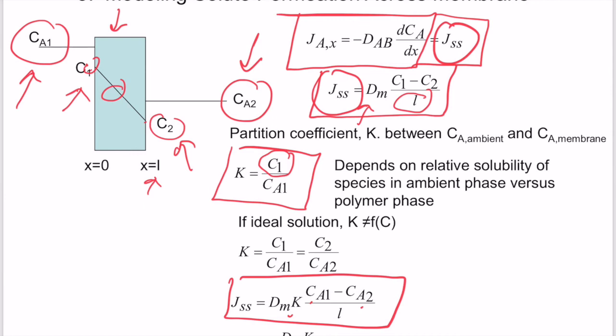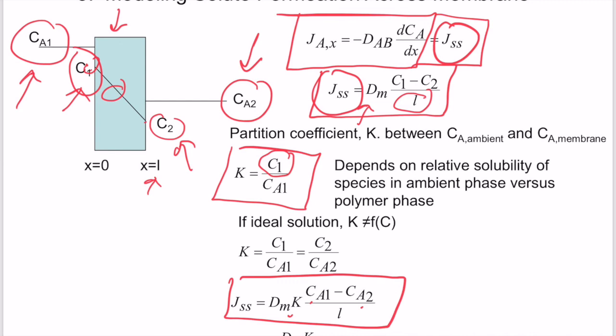This is checking my understanding here. CA1 would be the concentration of species A, a particular subset of the solution. Species A is the one that's diffusing across the membrane. So C sub A1 would be the concentration of species A, whereas C1 here is the concentration of everything? Oh, that's a good question.